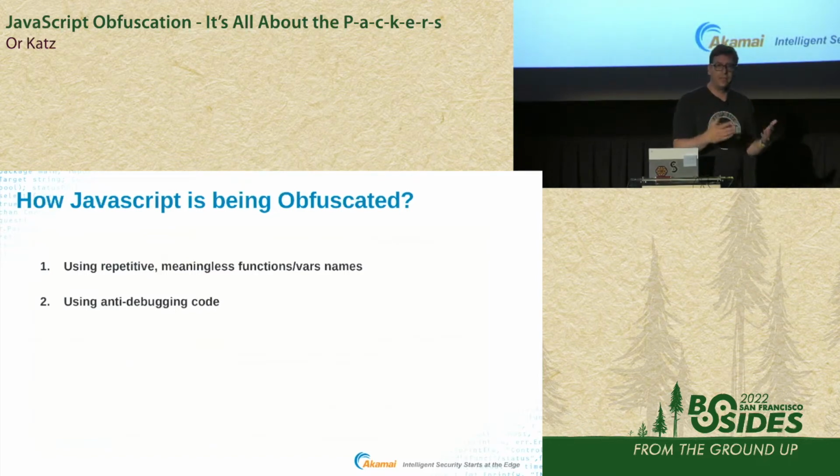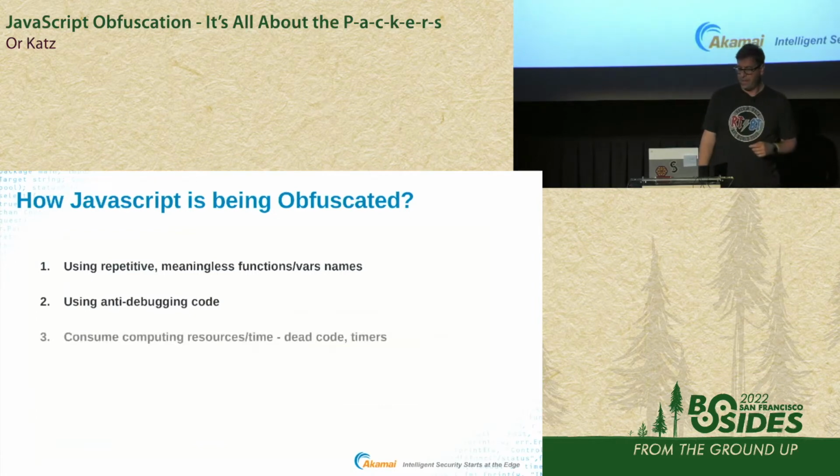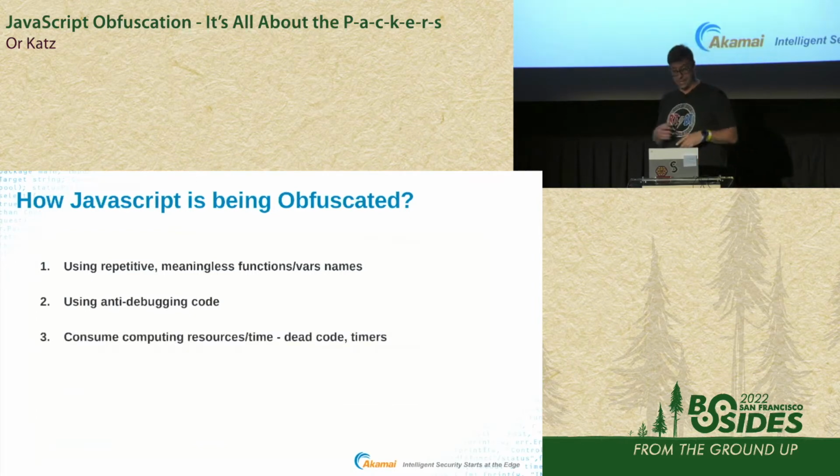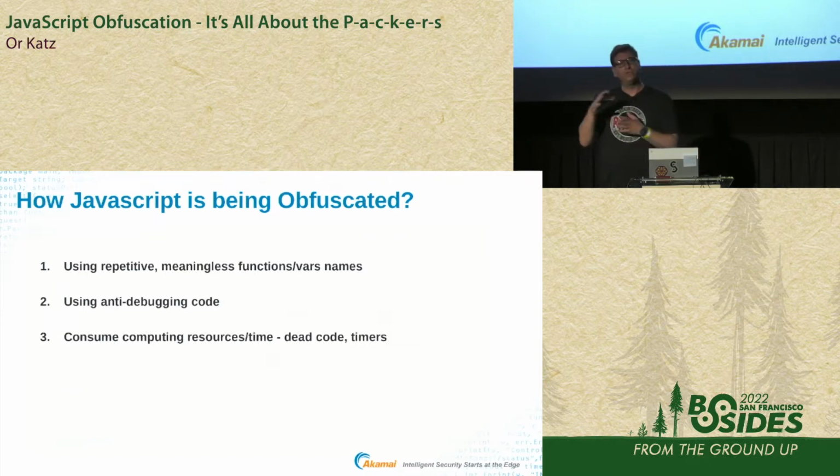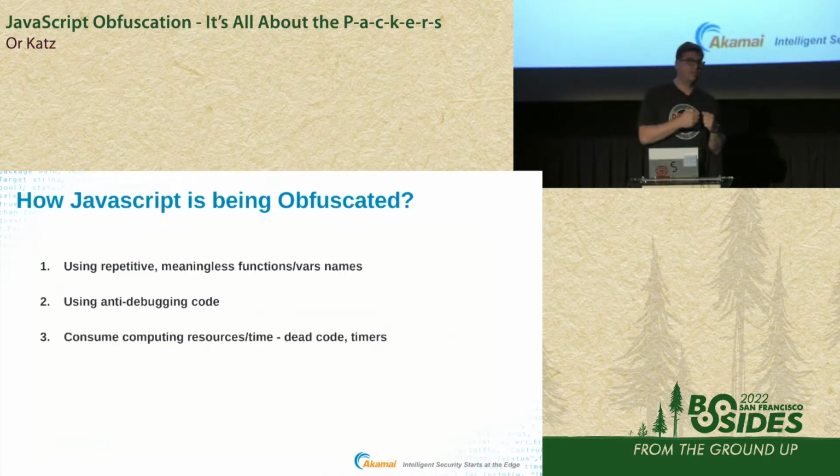It's not impossible, but it makes it much harder. And the third element here is consuming computing resources and time. In other words, if you put into the code dead code, meaning code that is executed but doesn't do anything, or you put in timers, you make a given code run very slowly, and in the context, again, of resources, that takes a lot of time, and we don't always have those resources.